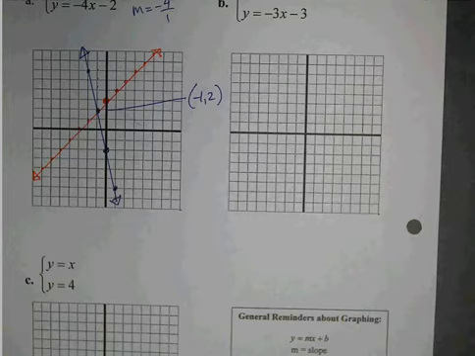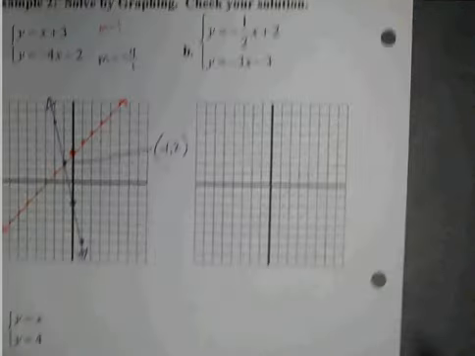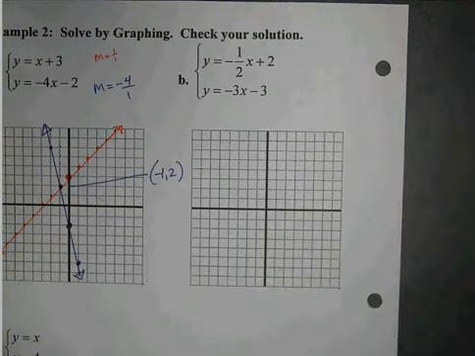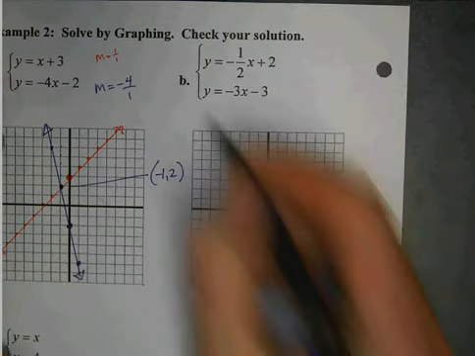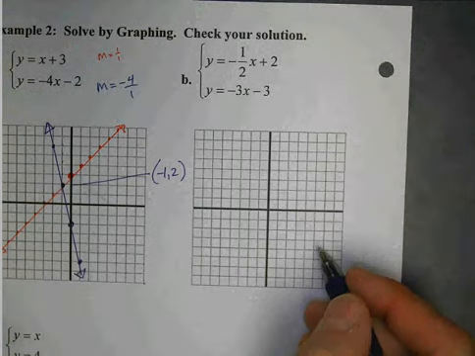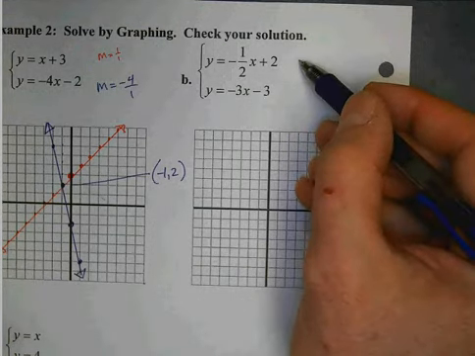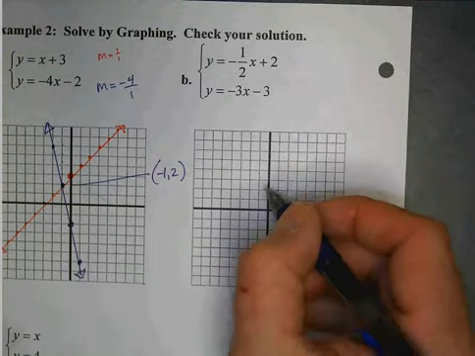Now, what if they don't meet? What are you going to write? No solution. Which might happen. That's perfectly fine. All right, let's look over here at B. Grace and Kyle, help me out. Top one. Where do I start here? 0, 2.